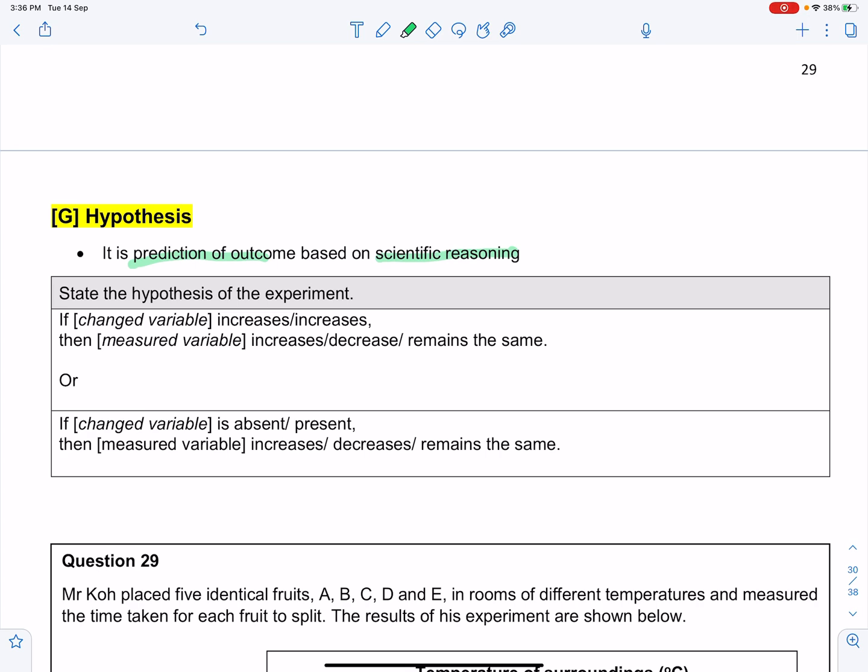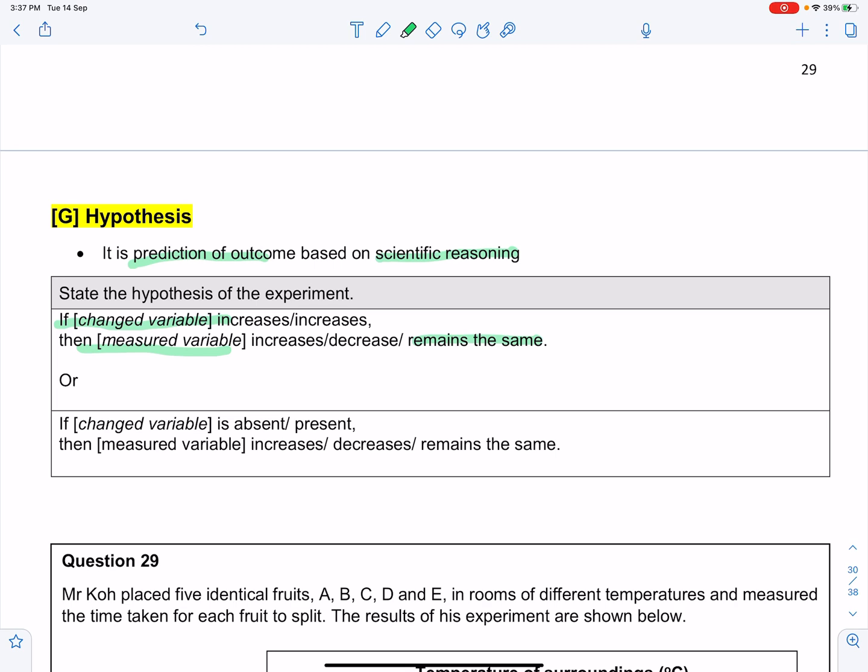For example, if my change variable increases, my measured variable should increase or decrease or remain the same. Okay, it's a little bit like a relationship, but the difference is this. In a relationship, is it predicted? No. A relationship question is not a prediction question because it is proven by the graph given to you.